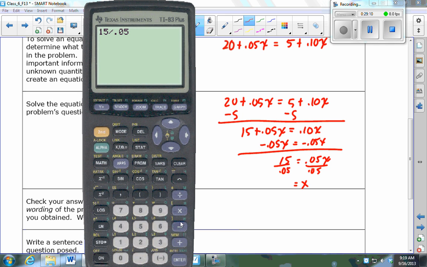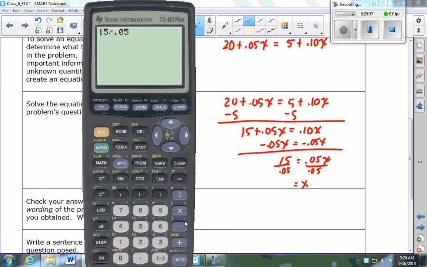First of all, folks, you have to have some mental math going on before you use your calculator. 0.05 is like what coin? A nickel. This says how many nickels are in 15 bucks? Well, how many nickels are in each buck? 20. So you've got 15 times 20.